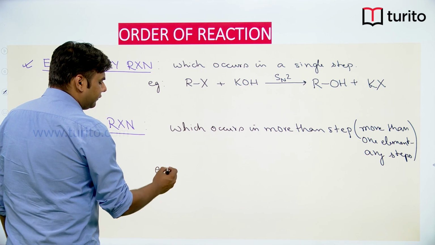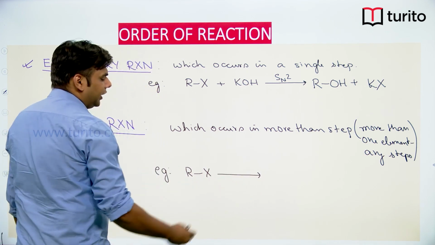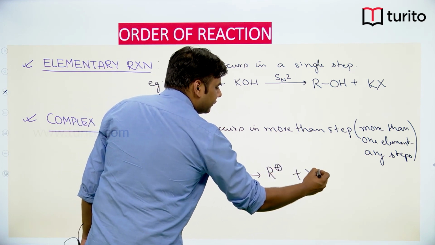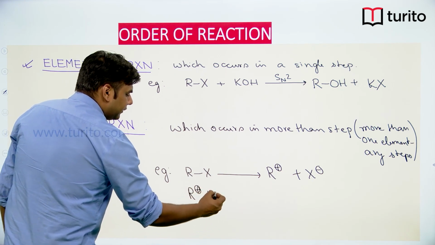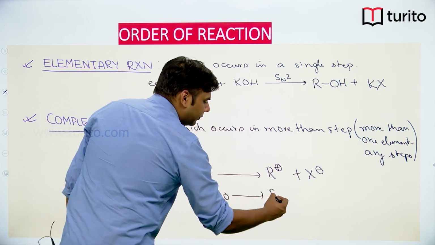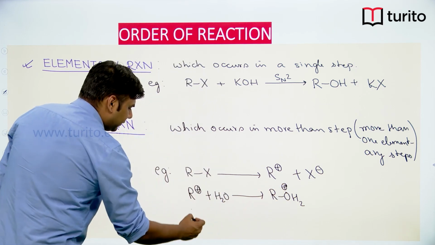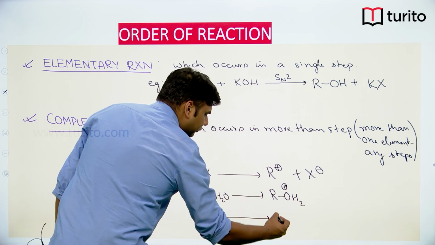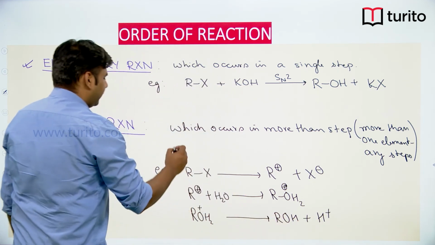What happens in the SN1 reaction? We take an alkyl halide, and it breaks into a carbocation and X negative. In the second step, a nucleophile attacks it and forms a species like this, and in the last step this loses an H positive and forms alcohol.